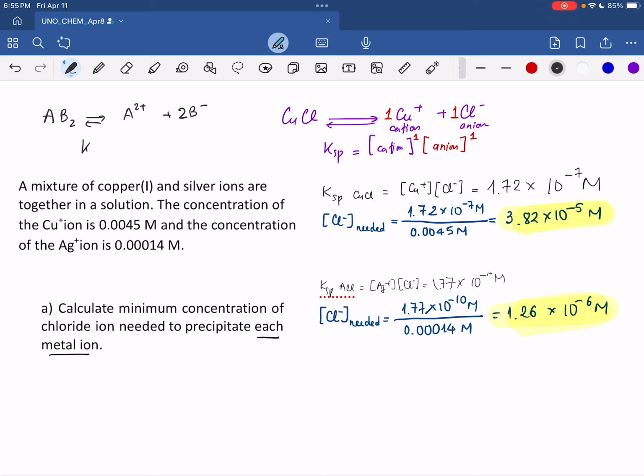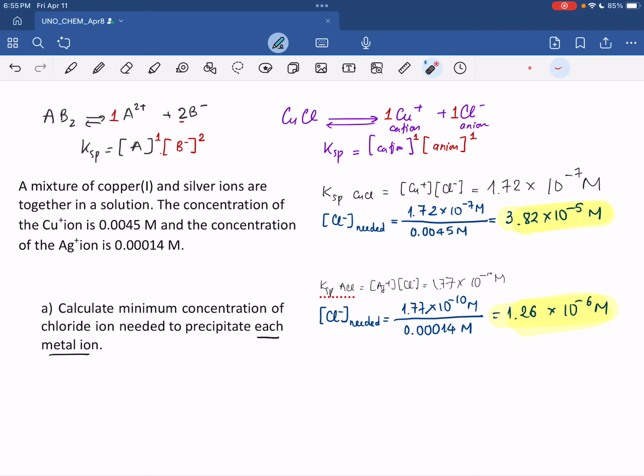Then the Ksp will be the concentration of the cation to the power of the coefficient before it, and the concentration of the anion to the power of 2, the coefficient before it. And this coefficient is based on the stoichiometry, based on the equilibrium, after we have the reaction in equilibrium. Sounds good?